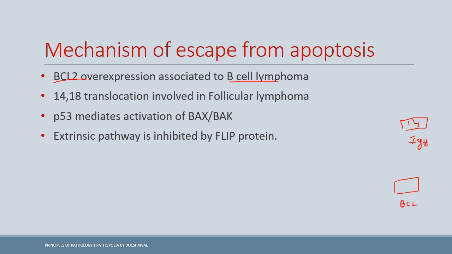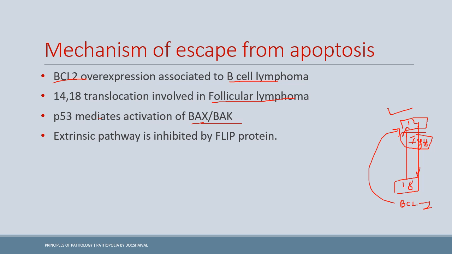BCL2 is present on the 18th chromosome, and what happens when it is translocated is that when BCL2 comes to this locus, we know that IgH is very active, and therefore BCL2 becomes highly active. Again, if the anti-apoptotic gene is more active, then it would obviously give immortality, and that causes follicular lymphoma.